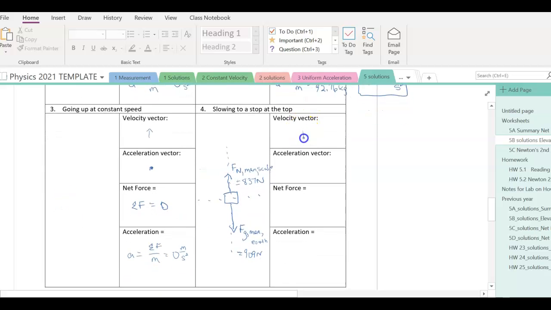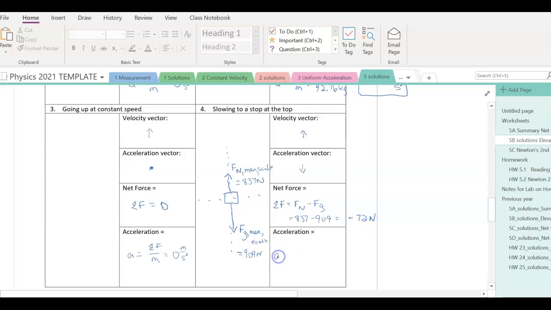Now he is still moving upward, so the velocity vector points up, but now he's slowing down, and so the acceleration vector goes in the opposite direction. The net force is the normal force minus the force of gravity, which is 837 minus 909. Look at this, it's going to be a negative value. And we get negative 72 newtons.